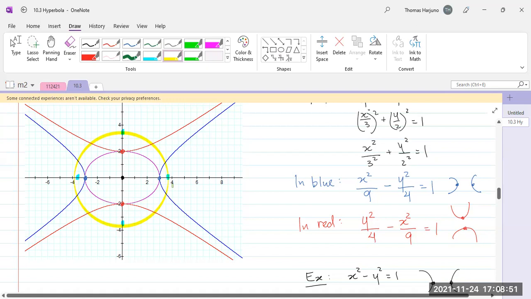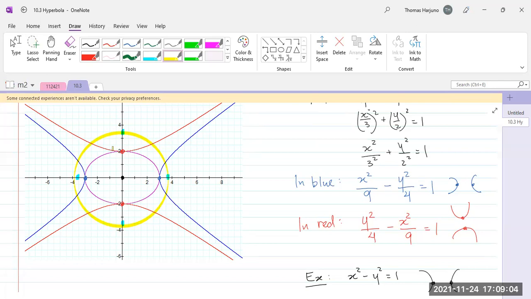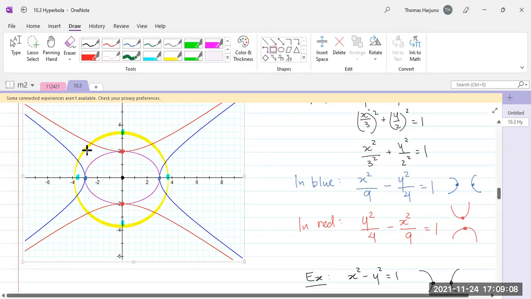The foci of the red hyperbola are also on the yellow circle, and this yellow circle passes through the auxiliary rectangle. So many things put together, huh? Don't worry about this for now.